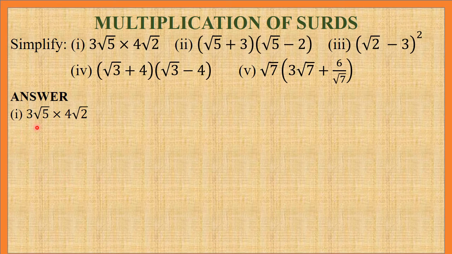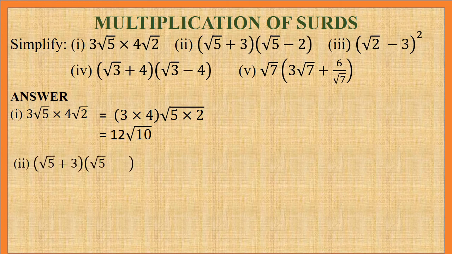For multiplication of surds, it doesn't matter whether the radicands are the same or not. In multiplying surds, we only multiply outside terms by outside terms, then inside by inside terms. So this will be the same as 3 multiplied by 4, and the radicands 5 multiplied by 2. So this will give us 12 root of 10.